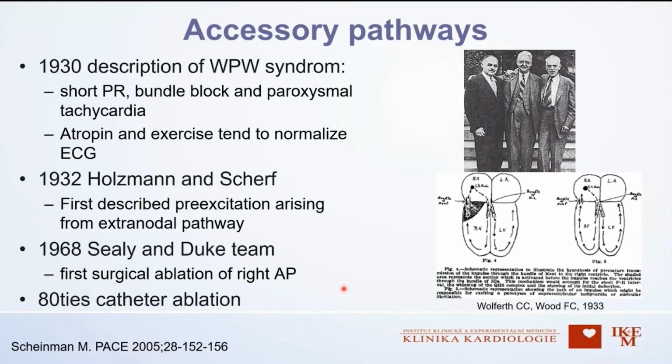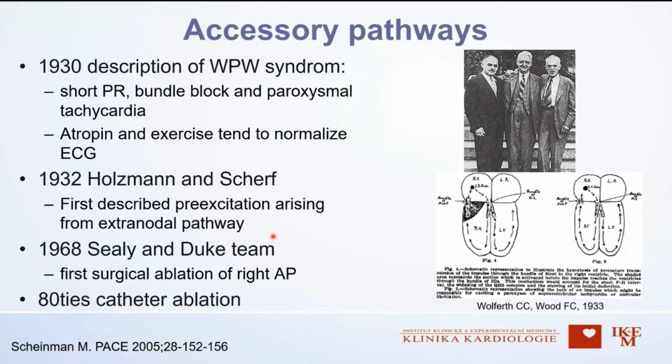The description of pre-excitation as an extranodal pathway comes a little bit later. On the right-hand side, you can see the drawing of what is currently the basis of arrhythmias in WPW. This is the scheme of how the pre-excitation arises, and this is the scheme of how the orthodromic AVRT is formed.